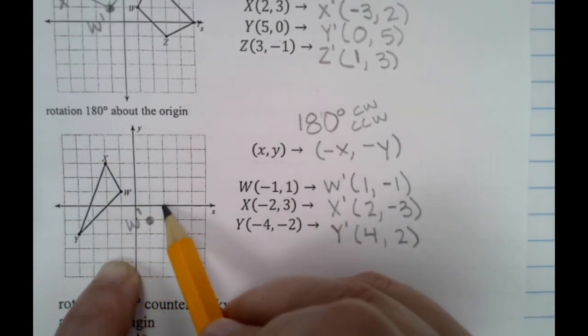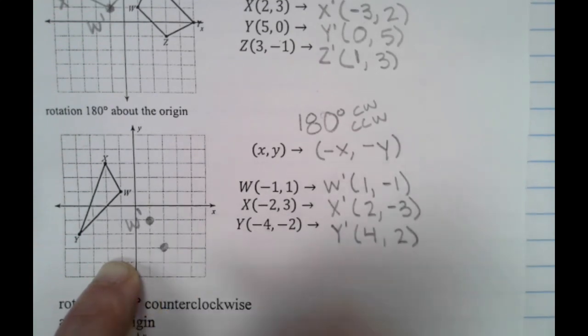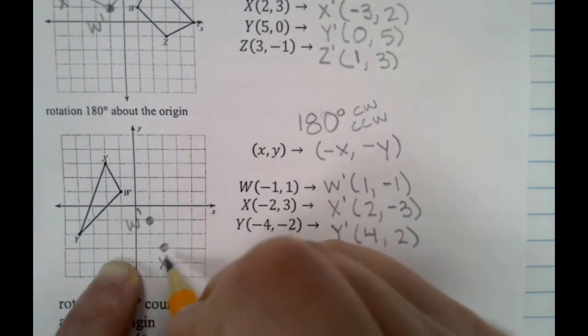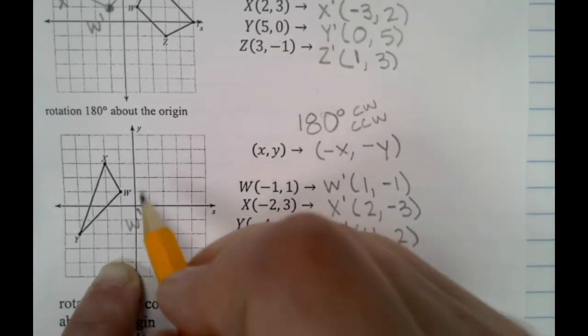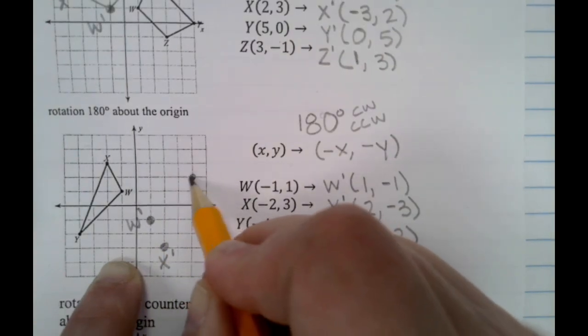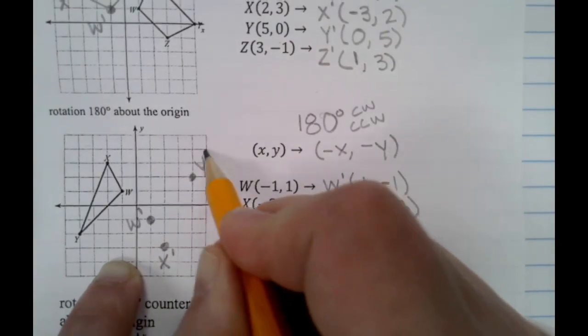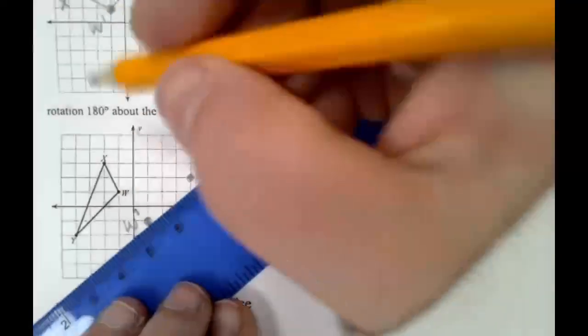So right 2, down 3. And Y prime is 4, 2. So right 4, up 2. So if we think of 180 around the origin, how many quadrants would we be going?